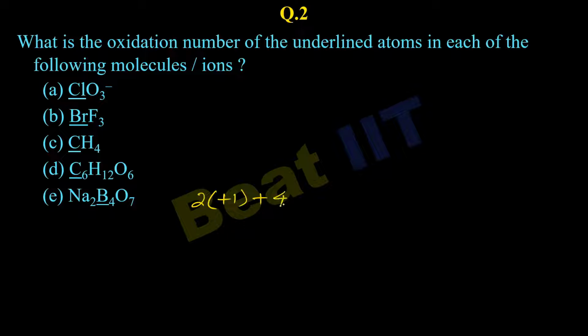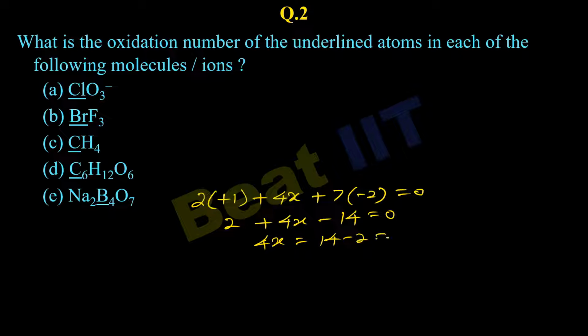We have 4 borons, 4x, plus 7 oxygens, 7 times minus 2, equals 0. We have 2 plus 4x minus 14 equals 0. 4x equals 14 minus 2, that is 12. X equals 12 by 4, that is plus 3. So boron in Na2B4O7 will have plus 3 oxidation state.